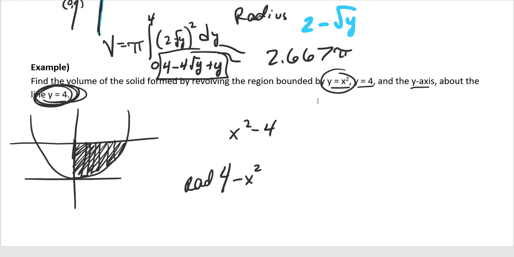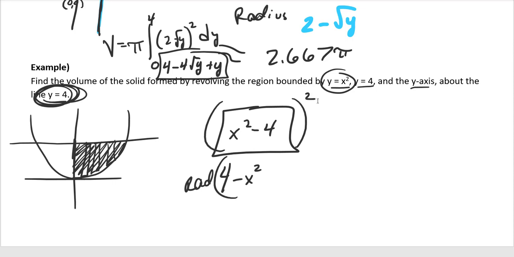Now, here's something that you got to understand. When I square this, or square this, I get the same thing. Okay, I get the same exact thing. So even if you did it backwards, even if you did x squared minus 4, and you square this because of the radius, pi r squared, you're still going to get x to the 4th minus 8x squared plus 16.